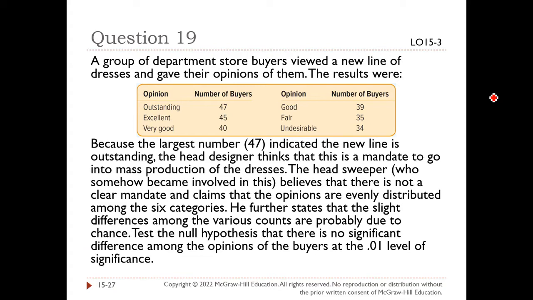The head sweeper, who somehow became involved in this, I love that, believes that there is not a clear mandate and claims that the opinions are evenly distributed among the 6 categories. He further states that the slight differences between the various counts are probably due to chance. Test the null hypothesis that there is no significant difference among the opinions of the buyers at the 0.01 level of significance.